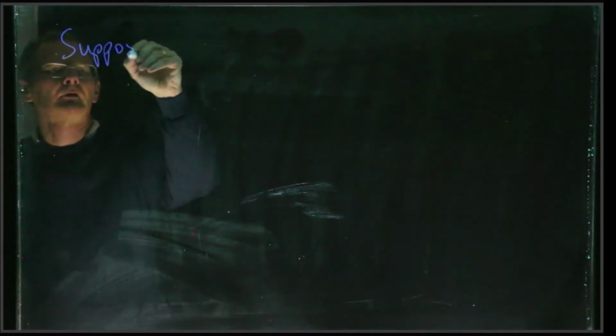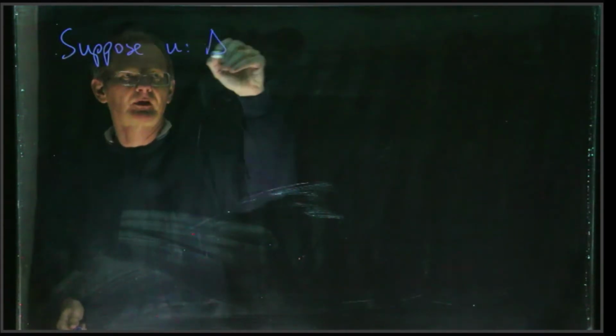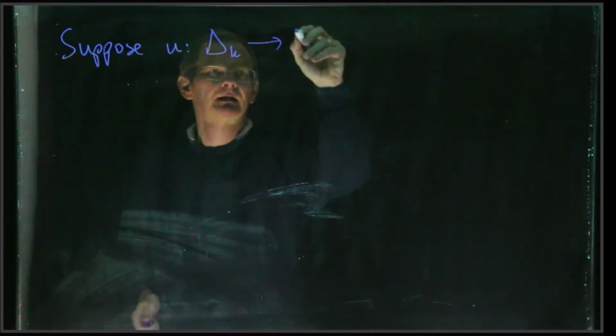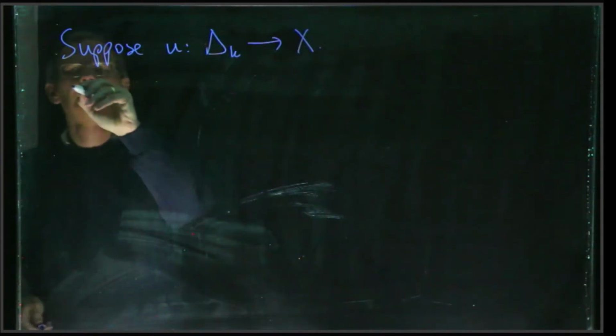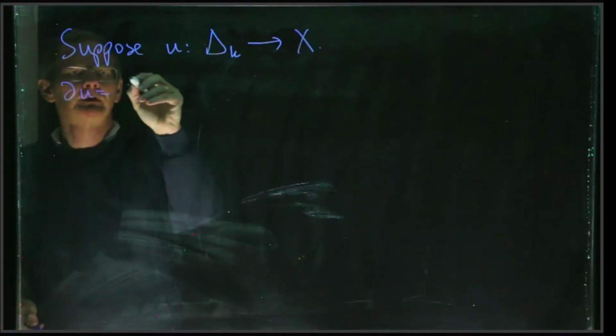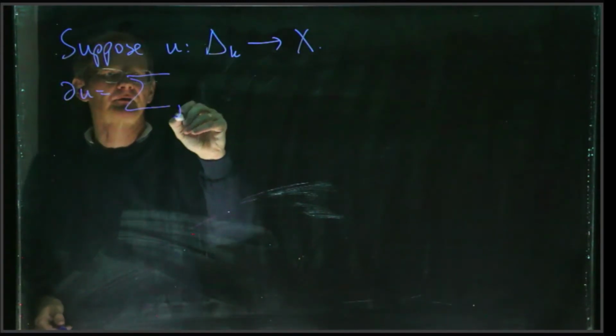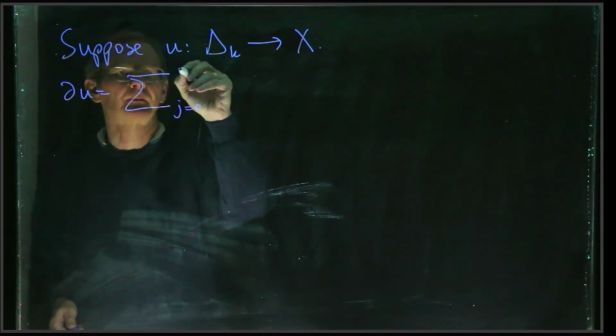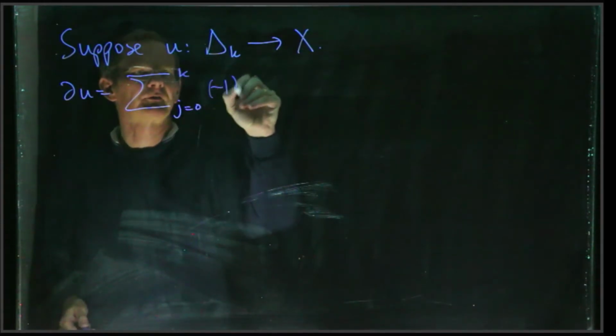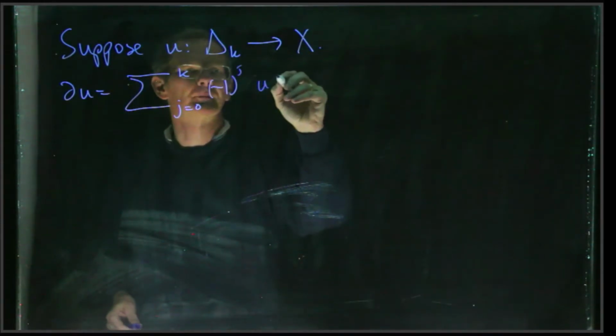Okay, so now let's go back to the general case of what we're supposed to be proving. Suppose that we've got u, a map from delta k into X, and du is going to be the sum from j is 0 up to k, of minus 1 to the j, u composed with delta j.